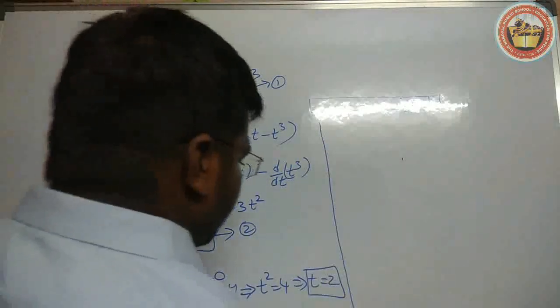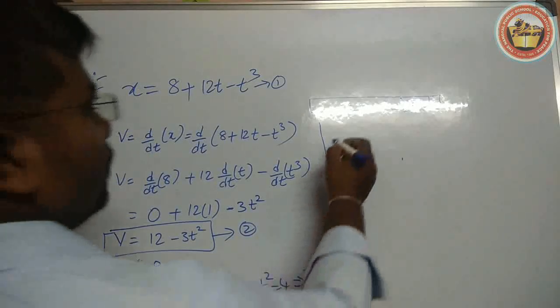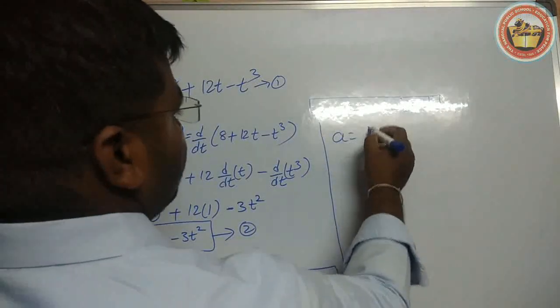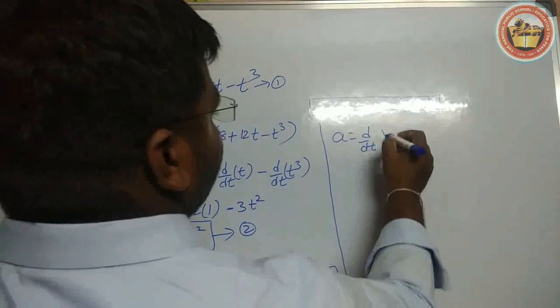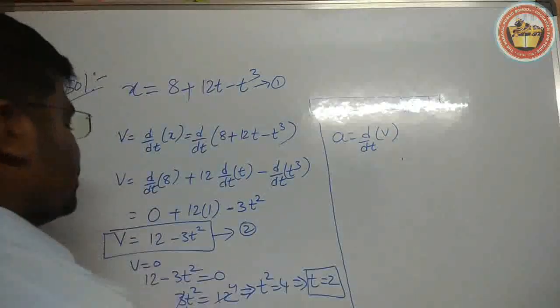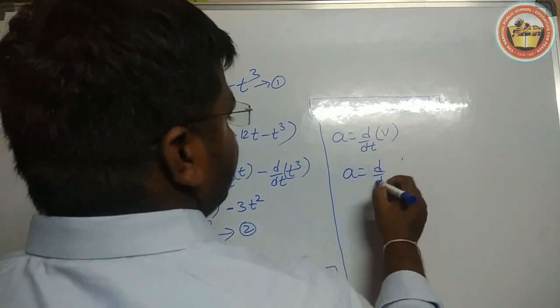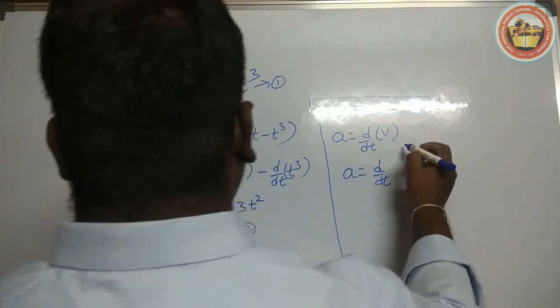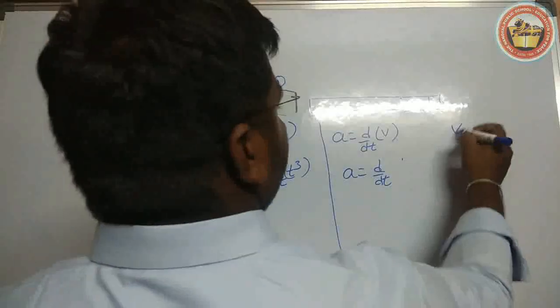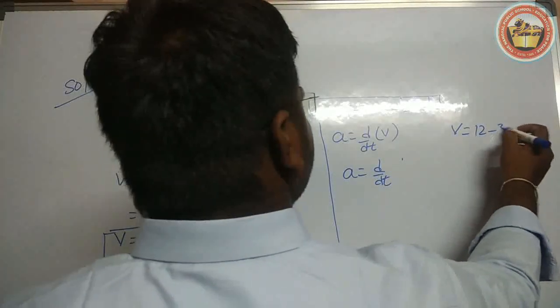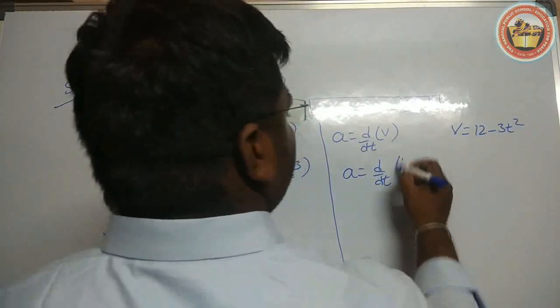Then we have to find acceleration. A is equal to d by dt of v, where v is equal to 12 minus 3t square.